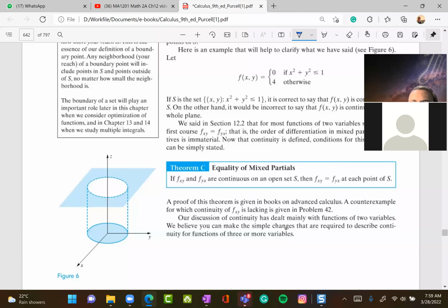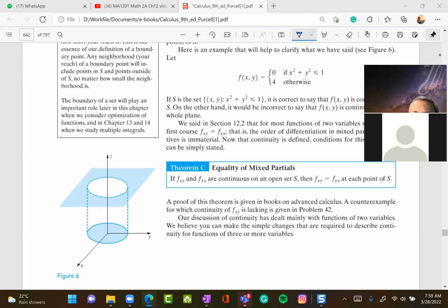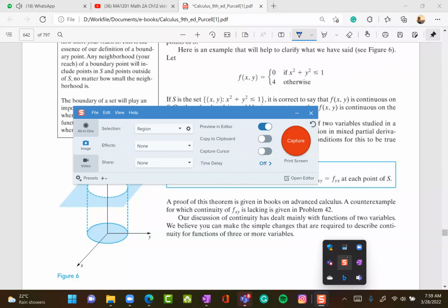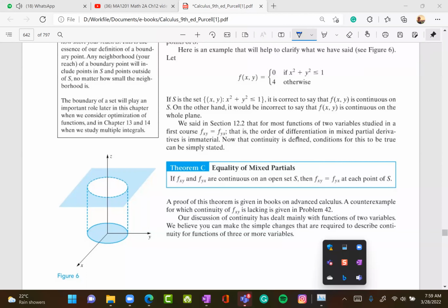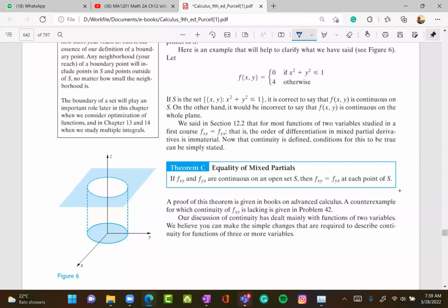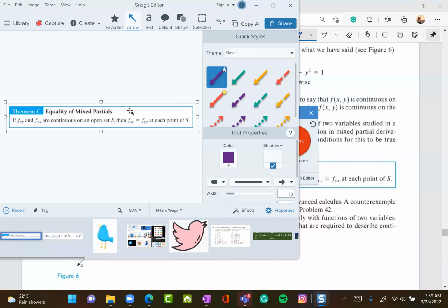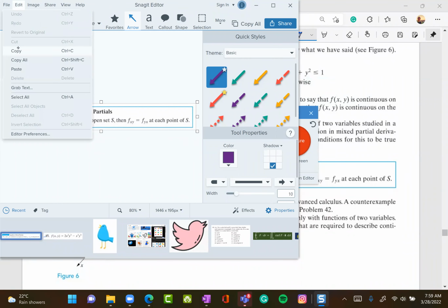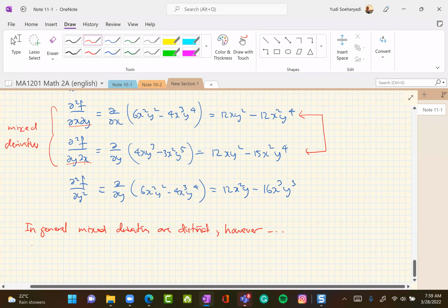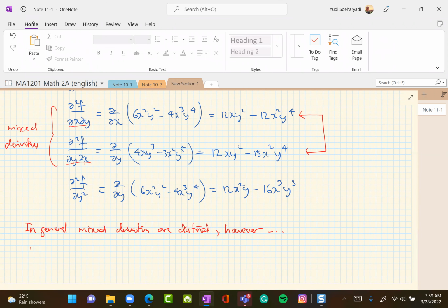Here's the other thing. This one. Rather technical, but let's just use it. Just put it aside for the moment. We'll explore it later on.